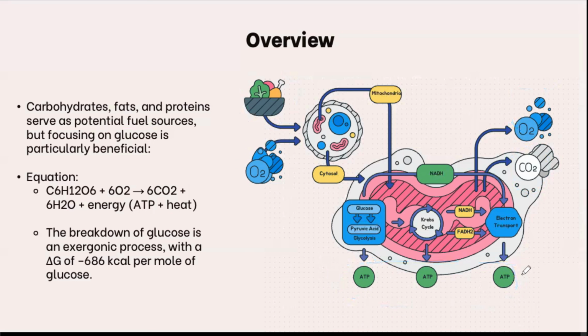Now, this all occurs in different parts of the cell, but the majority of cellular respiration occurs in the mitochondria. So, when we're talking about the different steps, we're talking about the fact that we have what's called the cytosol.